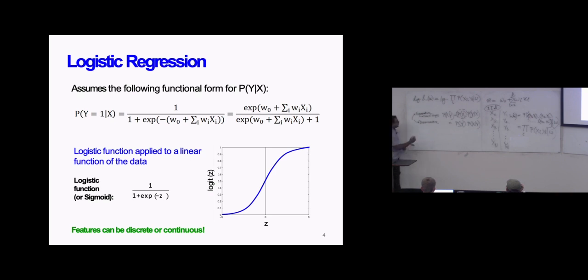But for discriminative models, we said it doesn't care, and logistic regression is a discriminative model. It doesn't bother about learning this distribution of the data. It only cares about the final posterior that we actually want to compute. This. Remember?